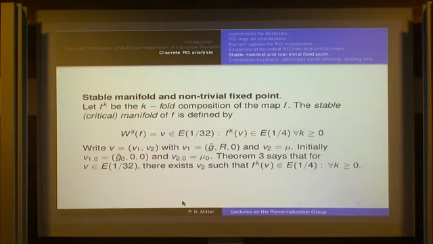Now write V as V1, V2, where V1 is G and R, and V2 is mu, the expanding variable. Initially V1 of 0 is G tilde 0 and V2 of 0 is mu 0. Now theorem 3 says that for V in the ball 1/32, there is a V2 such that Fk of V is in the ball 1/4, for all k.